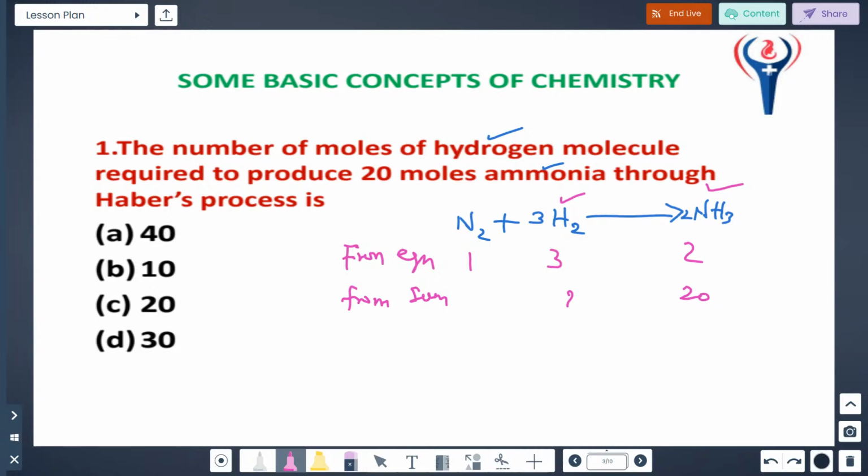Are you following? So here, consider this as X. Cross multiplication: X into 2 equals 20 into 3. Therefore, X is equal to 20 into 3 by 2.